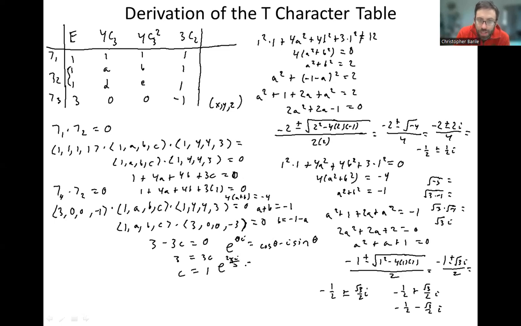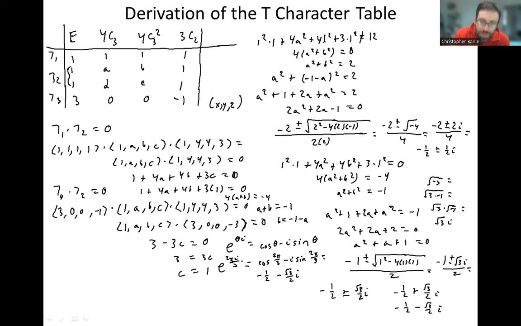Theta has to be 2 pi over 3. Because look at this, plugging in 2 pi over 3 here, cosine 2 pi over 3 is, lo and behold, negative 1/2. There's our negative 1/2. And then sine of 2 pi over 3 is root 3 over 2.